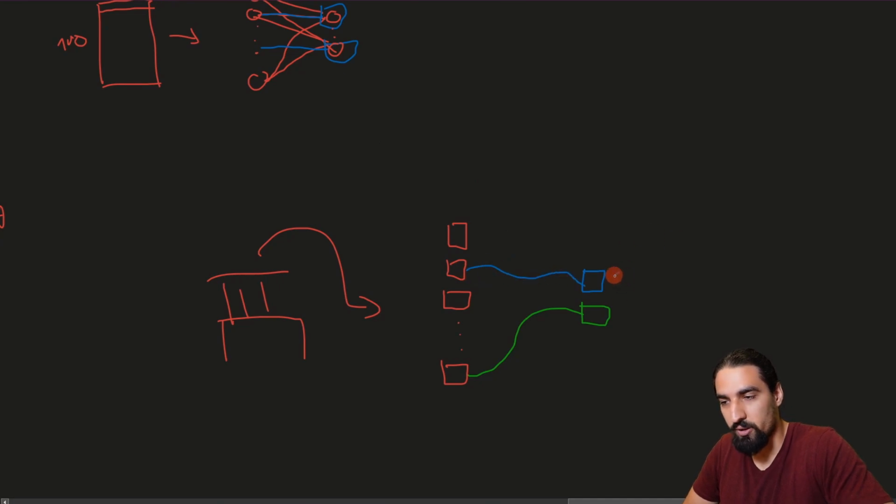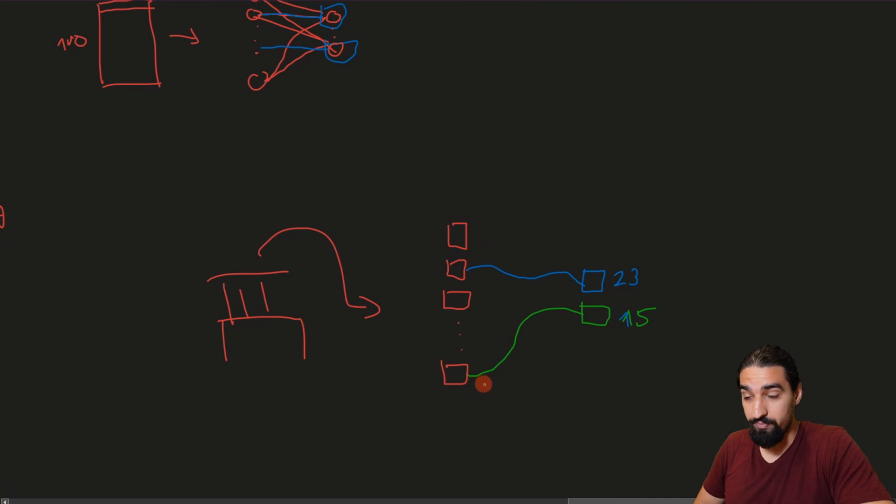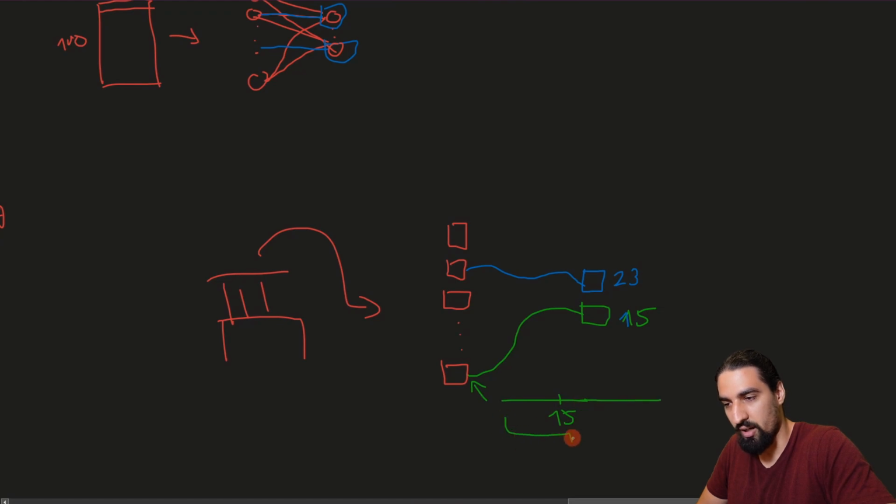If the class for this one is 23, and the class for this one is 15, we'll want to make sure that the logits here, for whatever the 15 index is, so we will have like 92 here. So this is going to be 92 outputs. We'll want to make sure that we push the distribution such that we have a peak around 15, because that's the ground truth class. So that's what this loss is going to enforce.